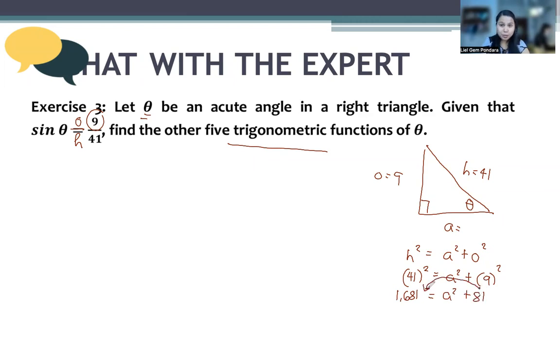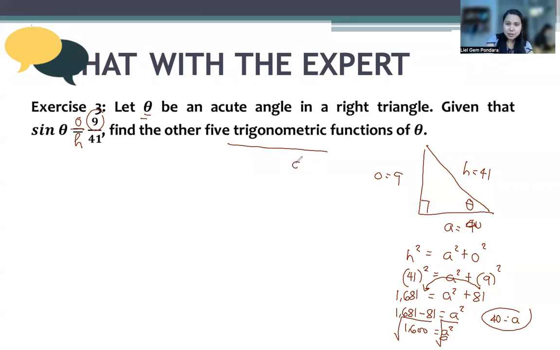We transfer 81 to the other side, becomes minus 81. We are left with 1,600 equals a squared. We need the value of a, so we take the square root of both sides. The square root of 1,600 is 40, and the square root of a squared is a. So a is equal to 40. Very good.